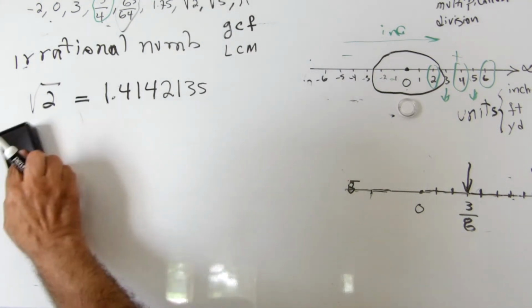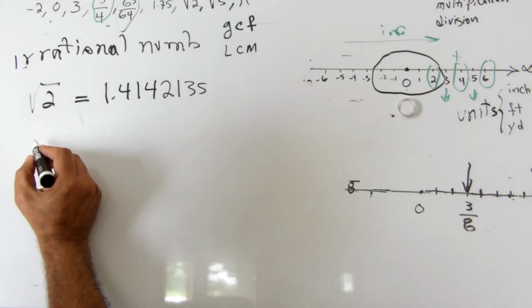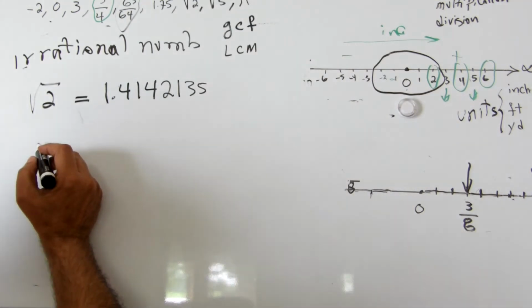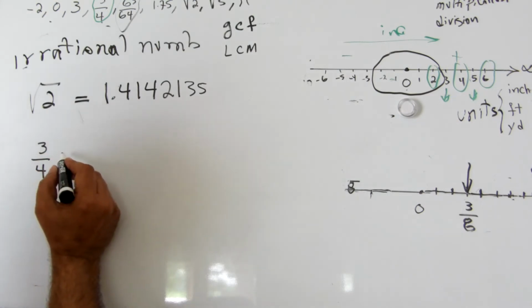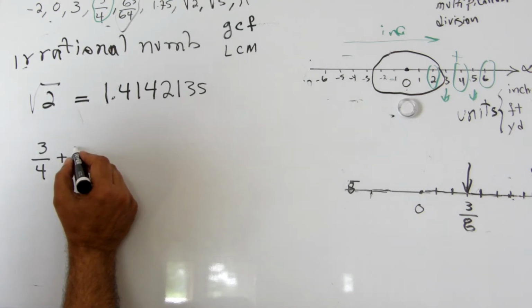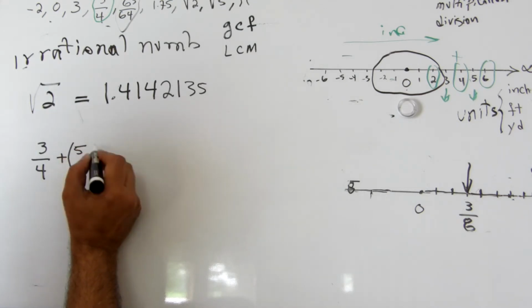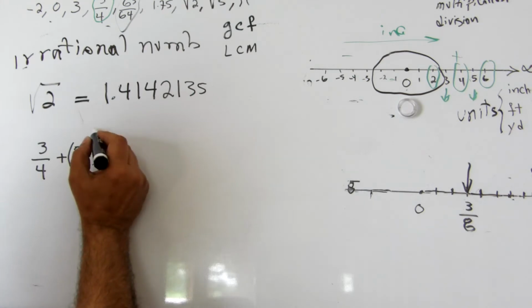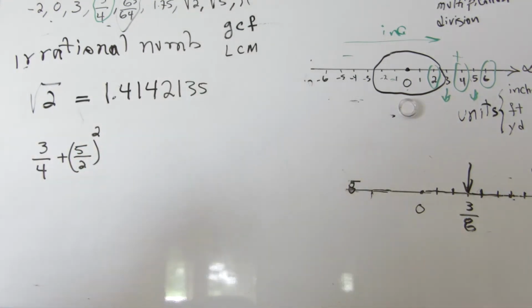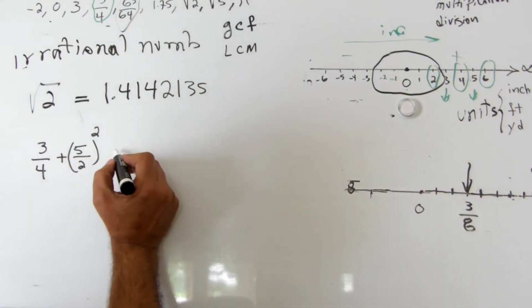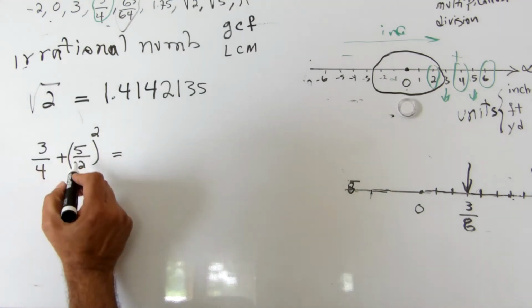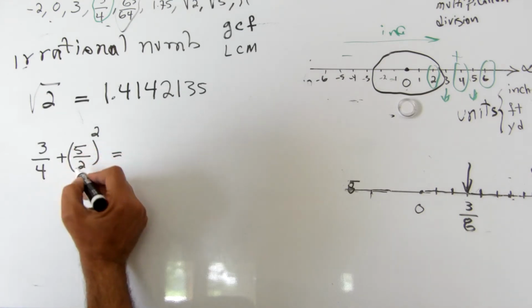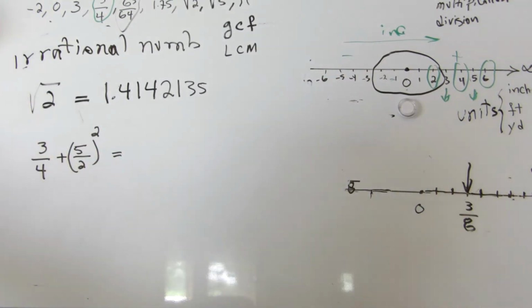Like any other things, when you have an addition of 3 over 4 plus 5 over 2 to the power of 2, how do you solve it? You have to first find the answer for this part of the expression.